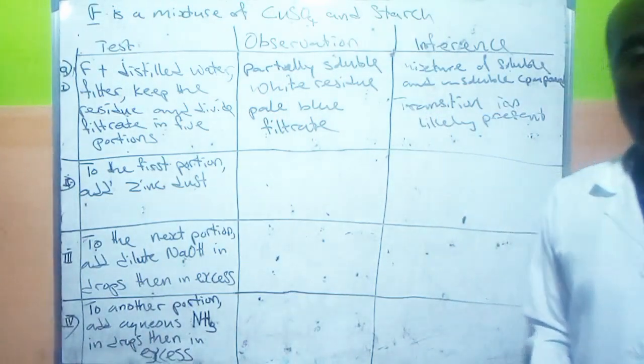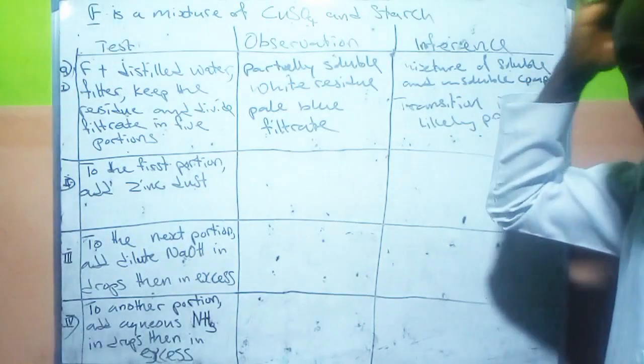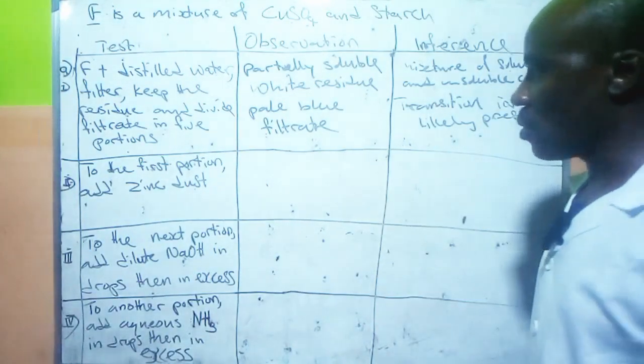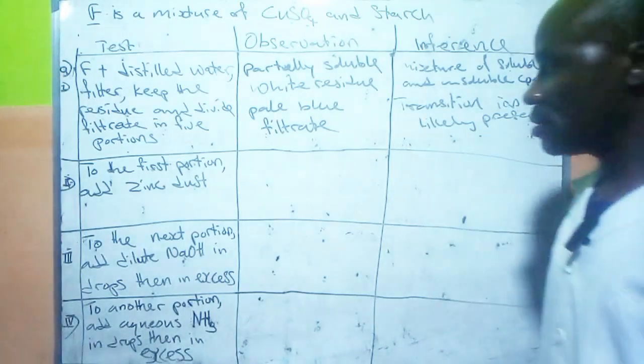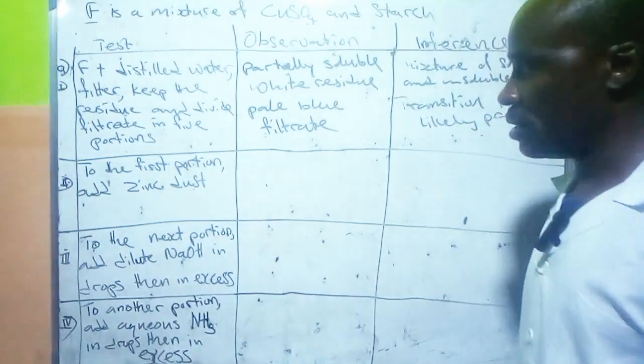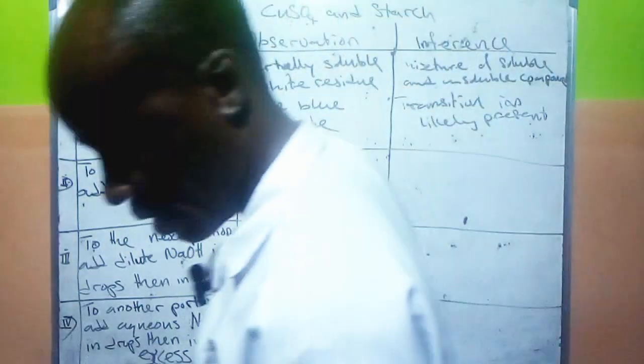Remember, colored ion is one of the characteristics of transition elements. So by having a color, we are likely to have a transition ion in it.